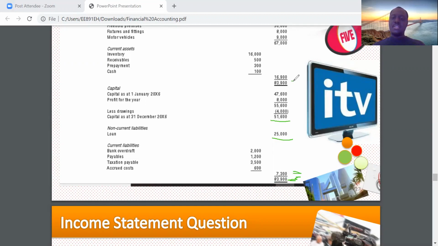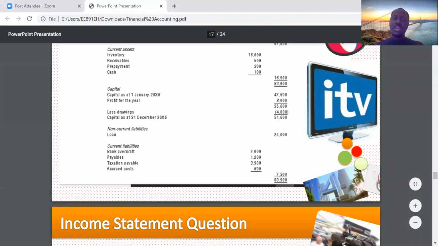Let me circle it with red so that you can see clearly. Your assets is how much? 83,900. And your capital plus liabilities are how much? 83,900. So that's A equals C plus L. Assets is equal to capital plus liabilities.